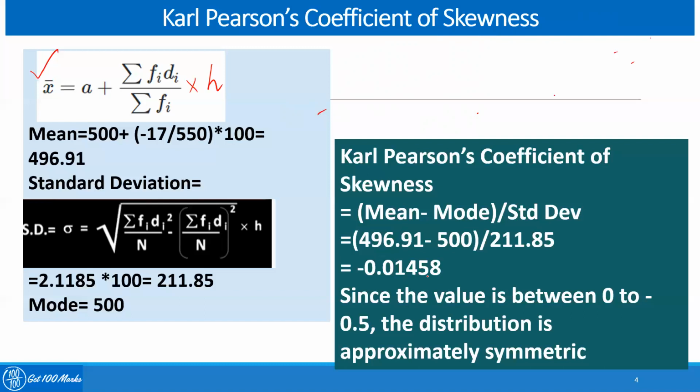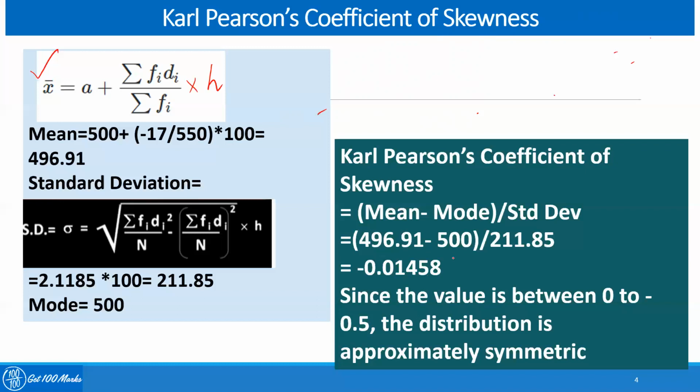If the value is between negative 0.5 and negative 1, we say moderate negative skewness. If the value is beyond minus 1, we say high negative skewness. Similarly on the right-hand side, if the skewness is between 0.5 and 1, we say positive skewness of moderate level, and if it is more than 1, we say high level of skewness.